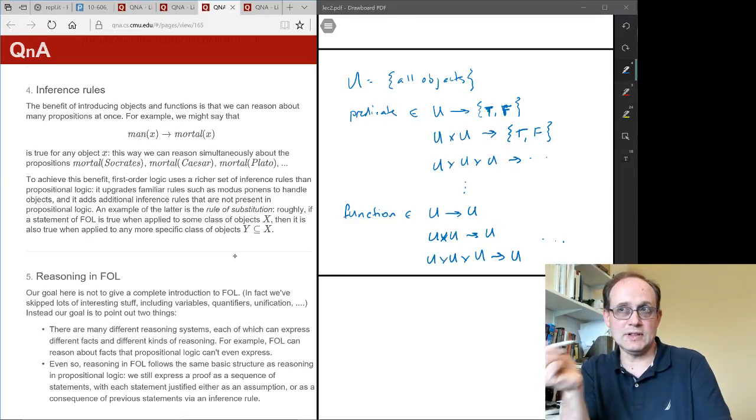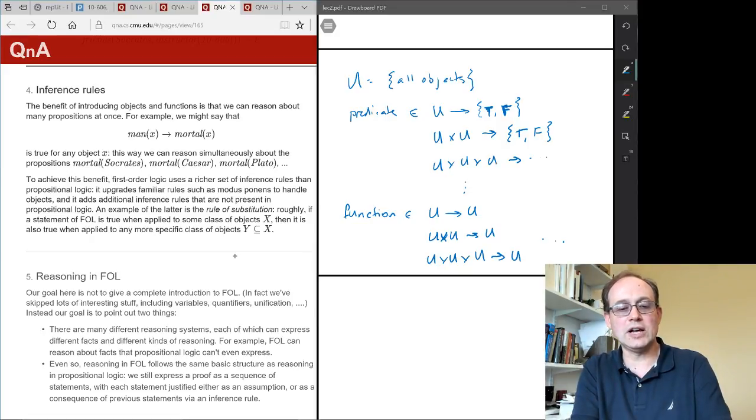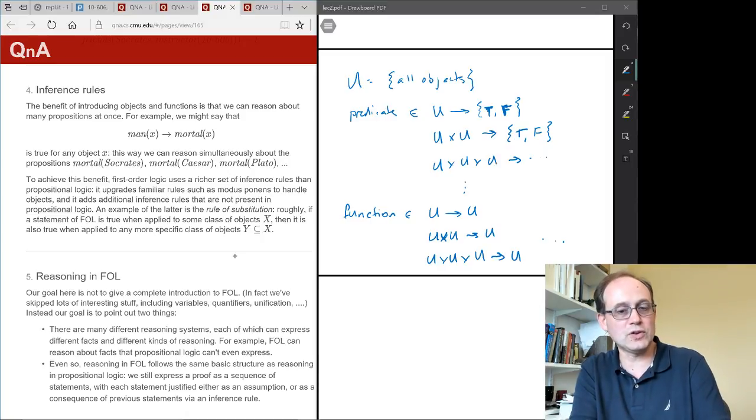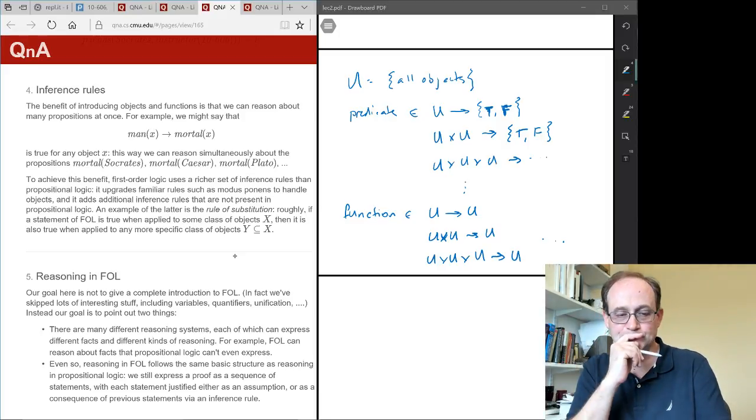Right? That seems like a reasonable thing to be true. And first order logic, I haven't described how, but it will let you reason about these statements that have a variable in them, right? We don't know yet which object they're referring to. And so we're going to say something about all possible objects at once.